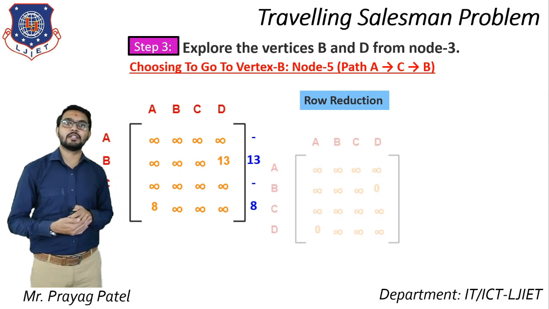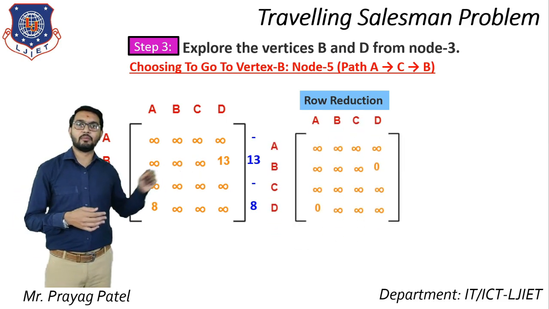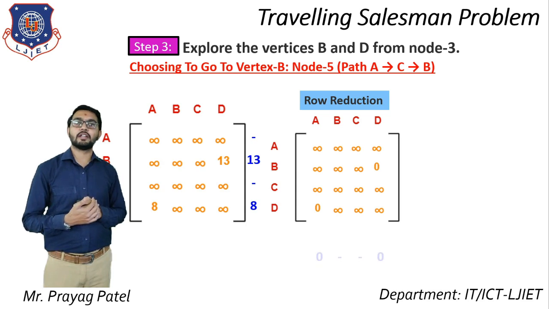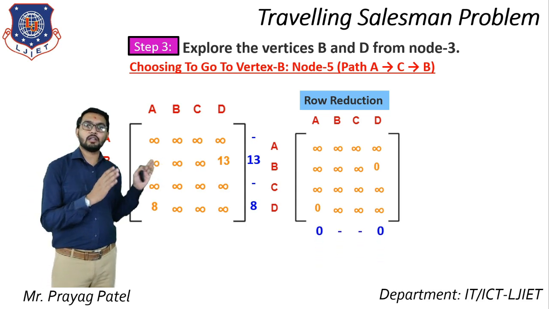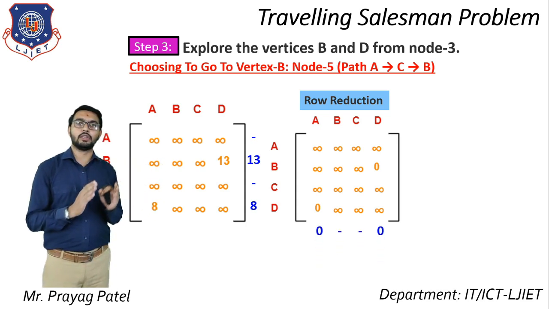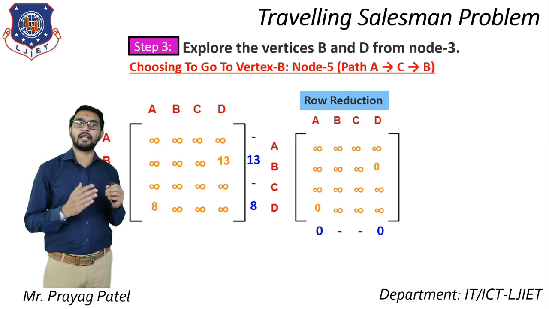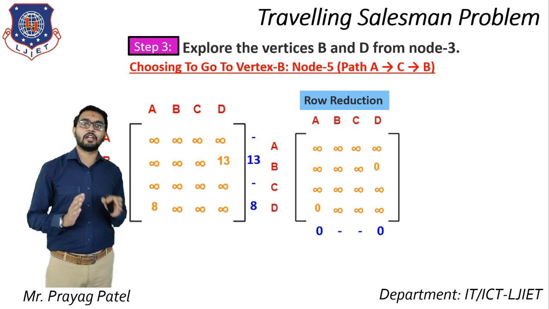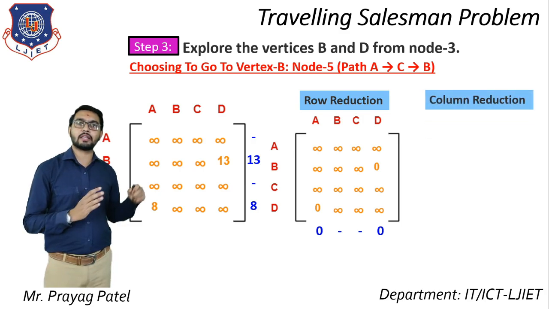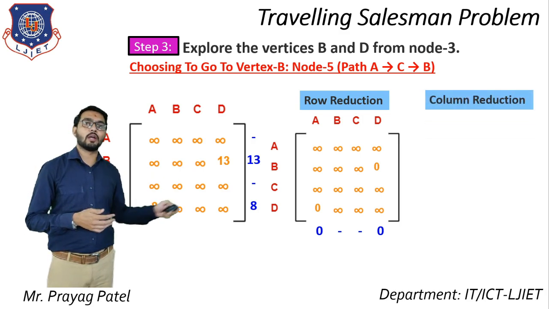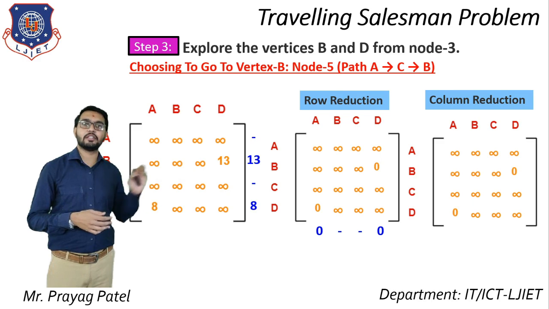After that, consider the reduced matrix as the second matrix. Now consider the column reduction. Columns A and D both contain 0, and the remaining columns B and C contain infinity. So the matrix is already the same as the row reduced matrix, and the column reduced matrix remains the same.